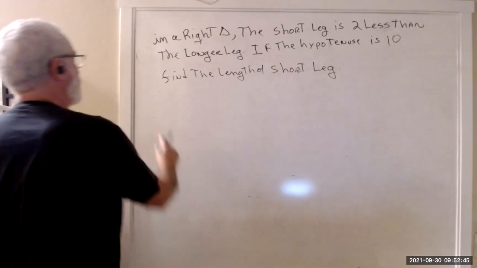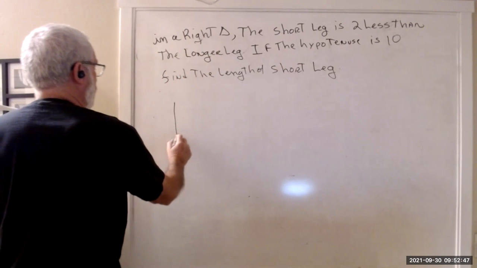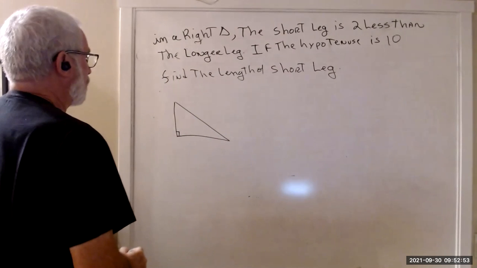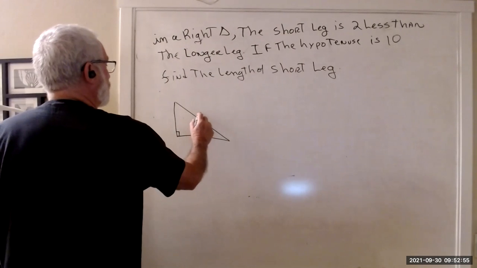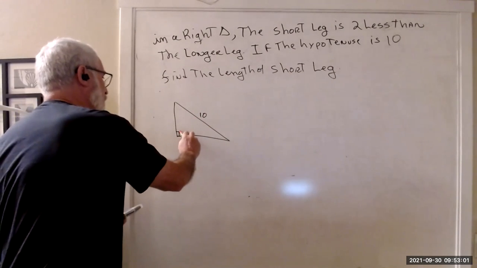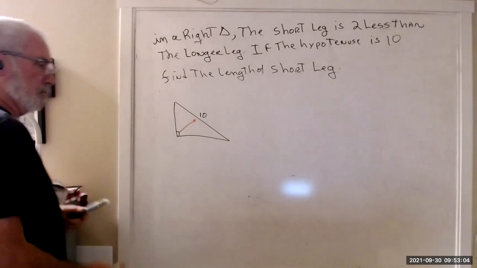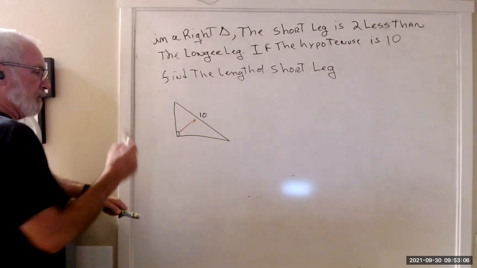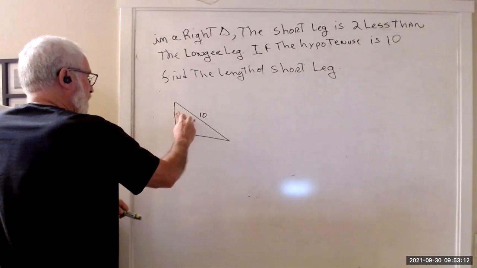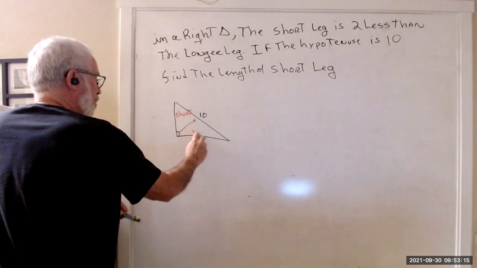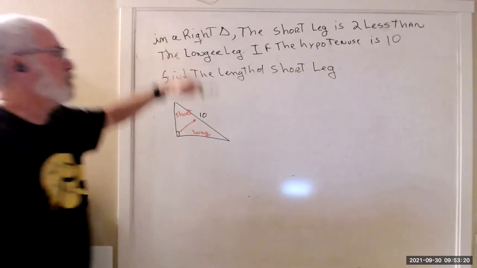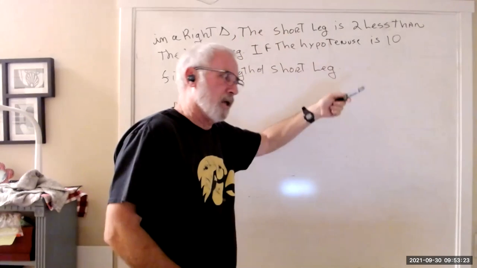So in a right triangle, that's the first phrase there. So we automatically know we've got a right triangle. And it told me the hypotenuse was 10, so I can fill that in pretty easy. Remember, the hypotenuse is opposite the right angle. And this is where the English comes in. This is the short leg. This is the long leg. The problem was talking about a short leg and a long leg.